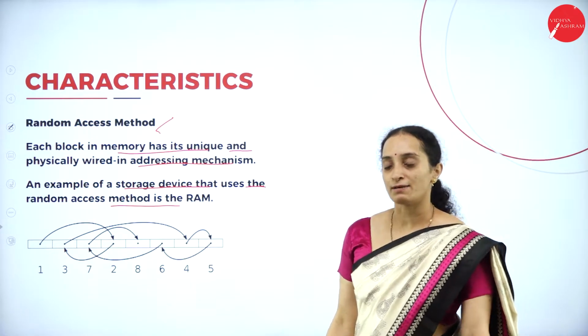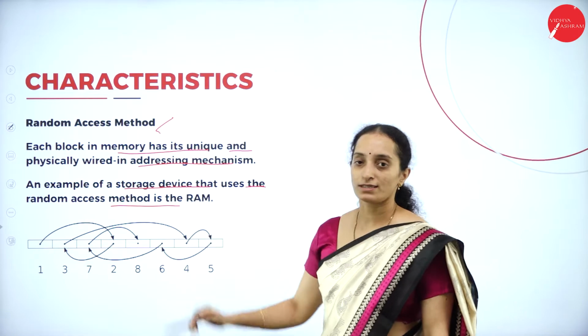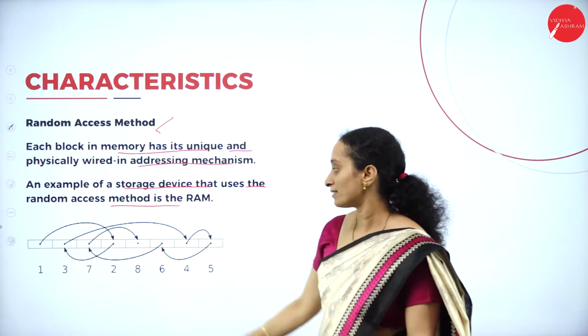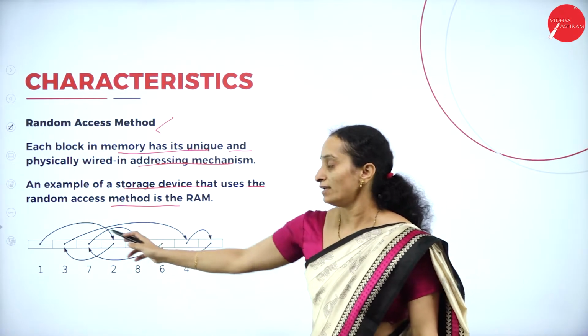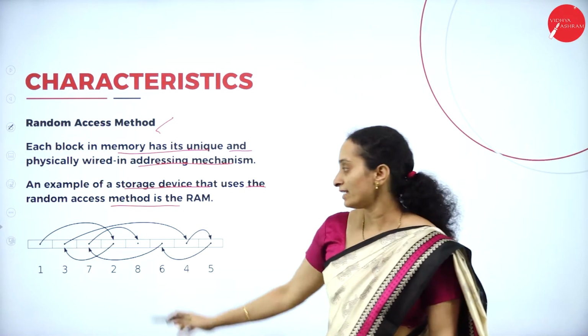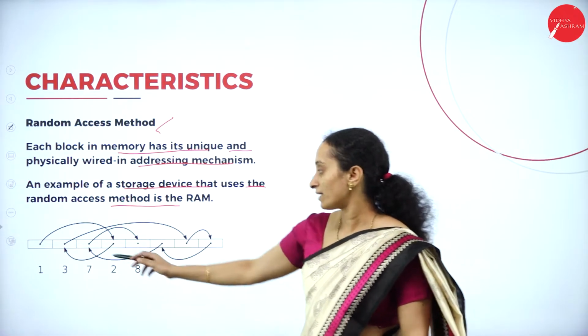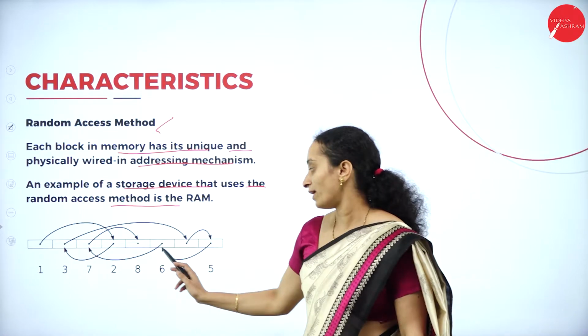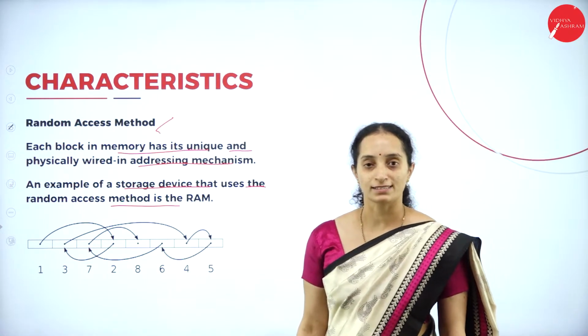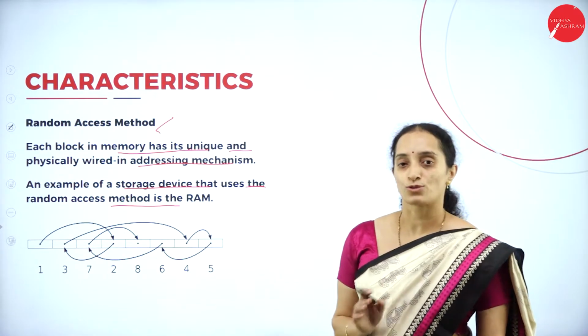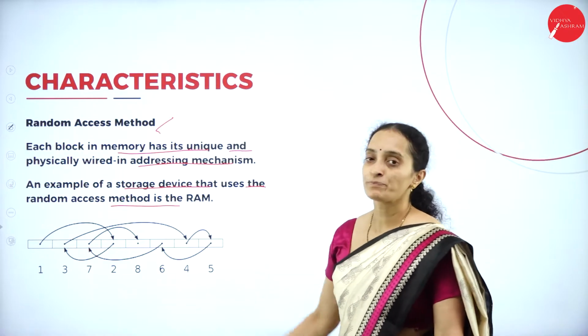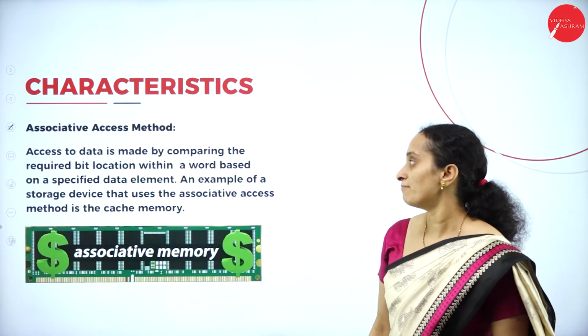We use the random access memory, which uses the random access method. Any location you can randomly select to access, like 1 to 2, 3 to 8, which is random and not fixed. It's called the random access method.